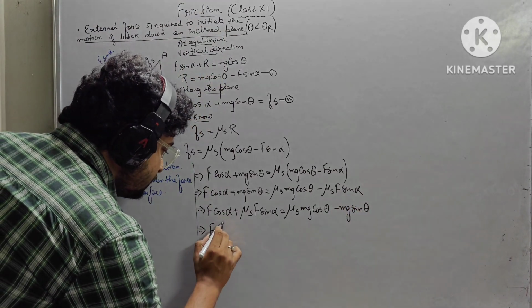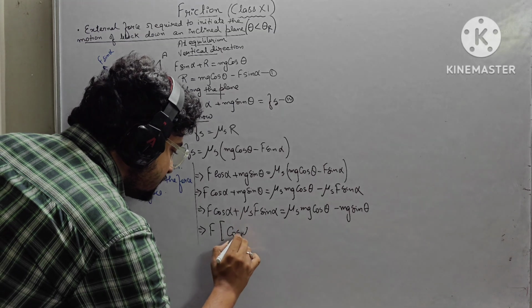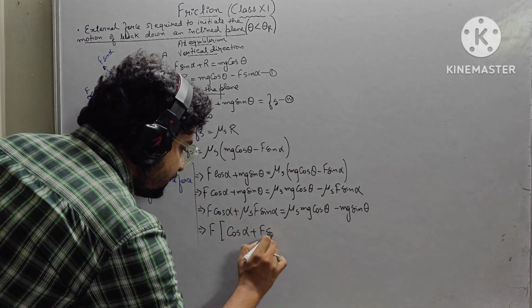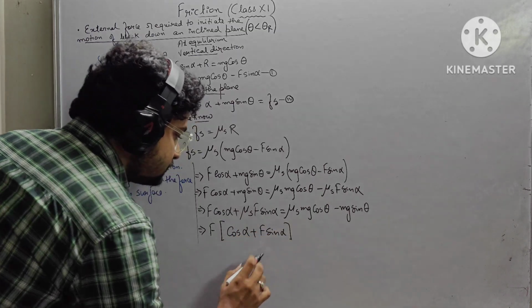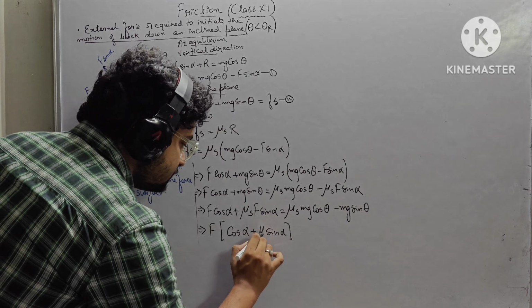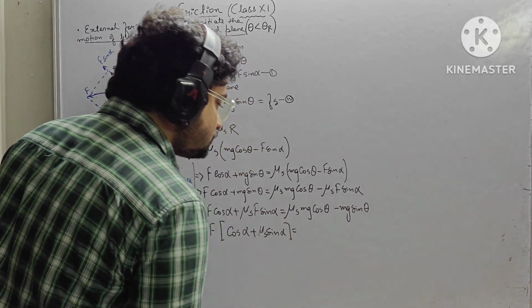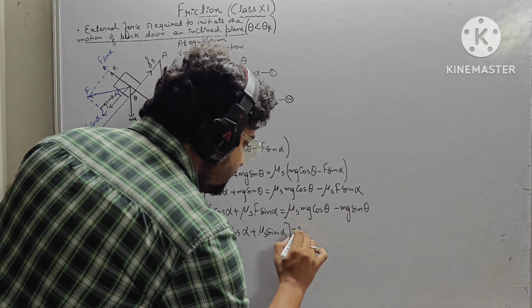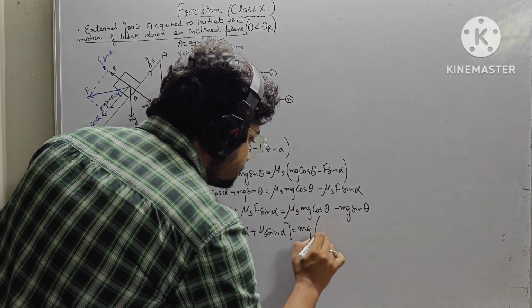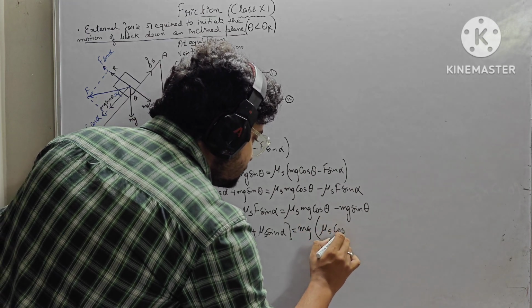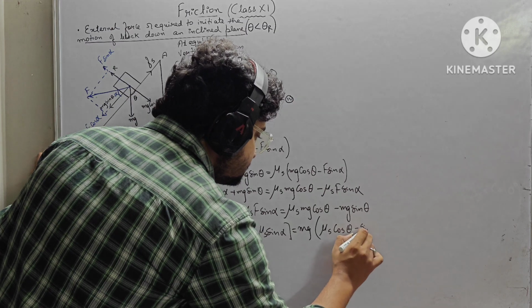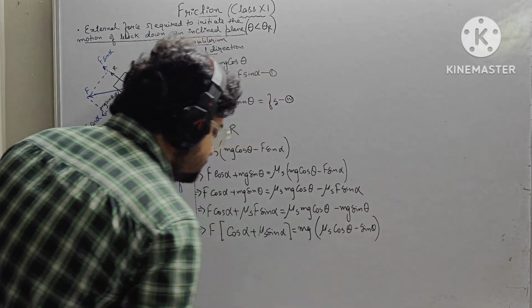From here we can take F common: F into cos alpha plus mu s sin alpha will be equal to, taking mg common, mg into mu s cos theta minus sin theta.